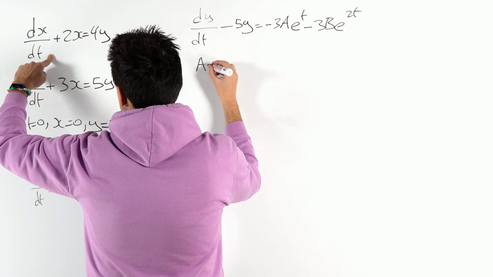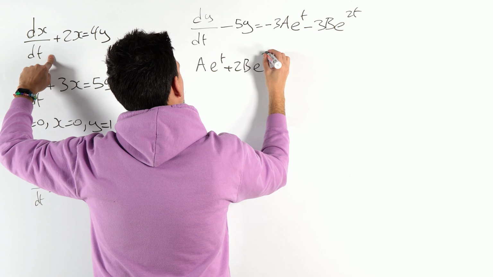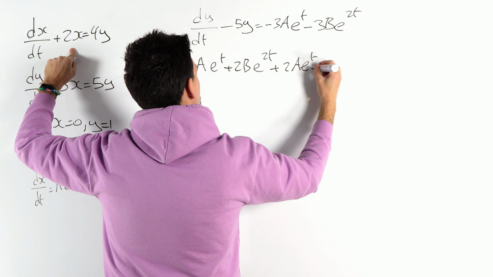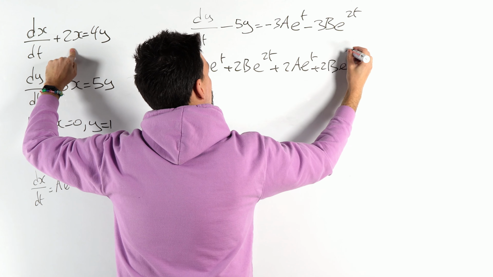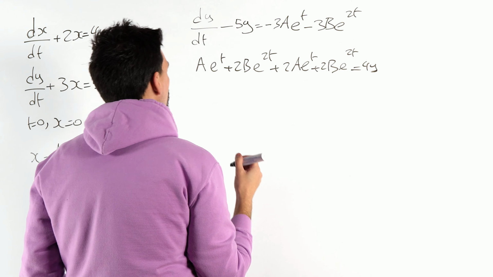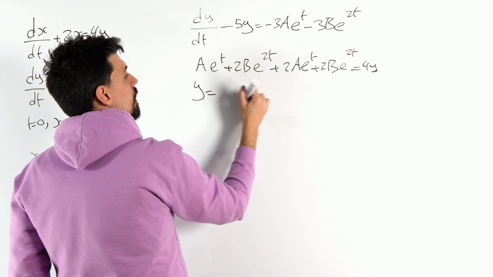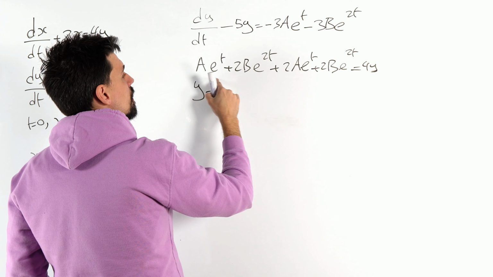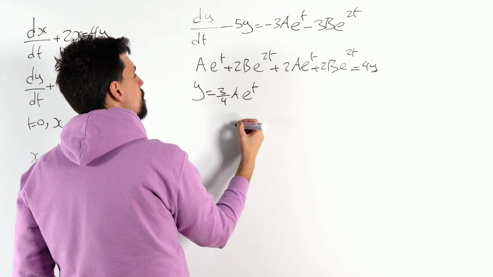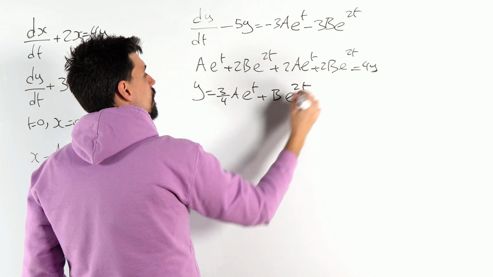So a e to the t plus 2b e to the 2t plus 2a e to the t plus 2b e to the 2t is 4y. And now we are up and running. So we do know that y is 3/4 a e to the t plus b e to the 2t.